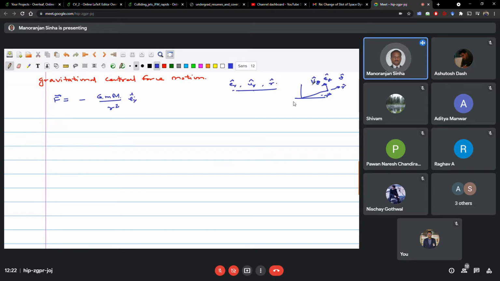I prefer using ER cap because quite often, whenever I am working, I usually use this notation for any reference from E1, E2, E3, rather than writing XYZ or any other thing. And therefore, once we use this notation, this is consistent with this ER cap.